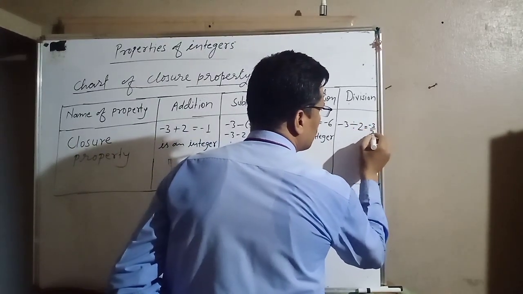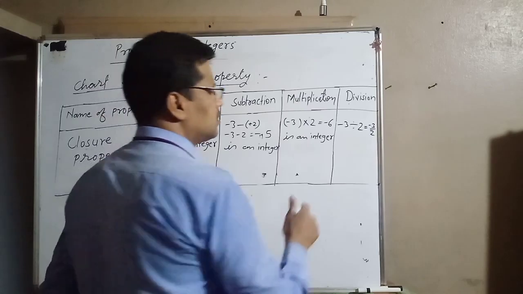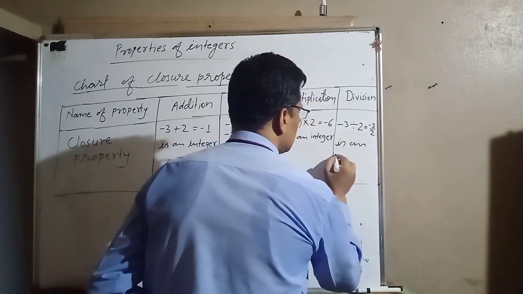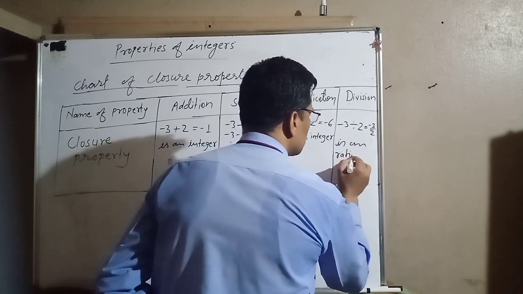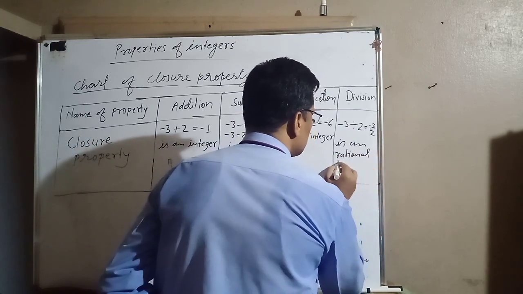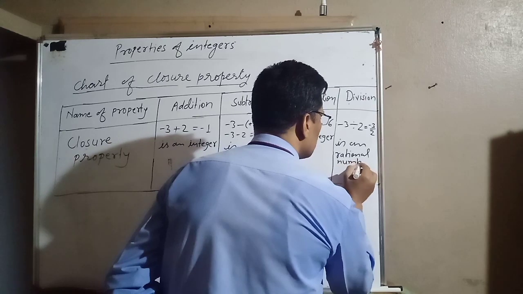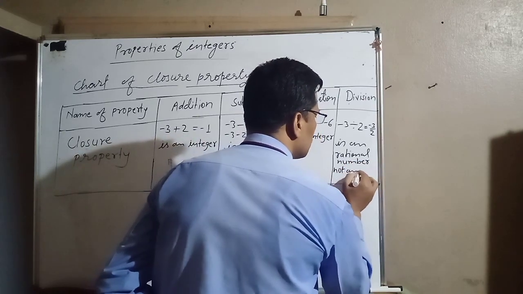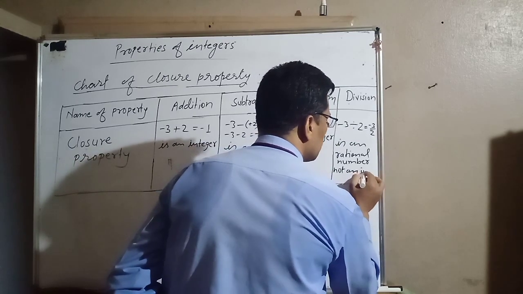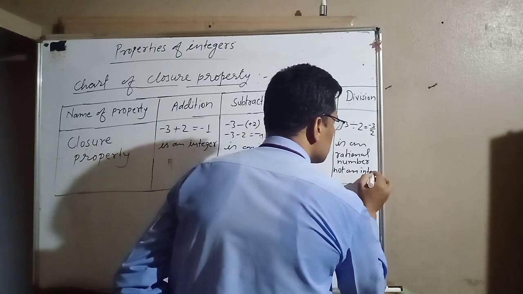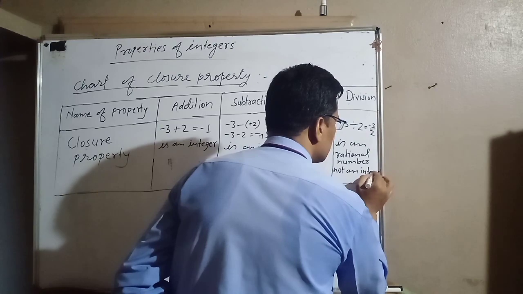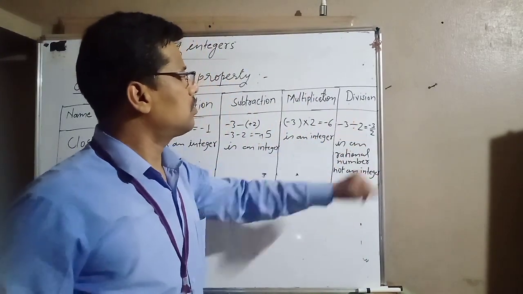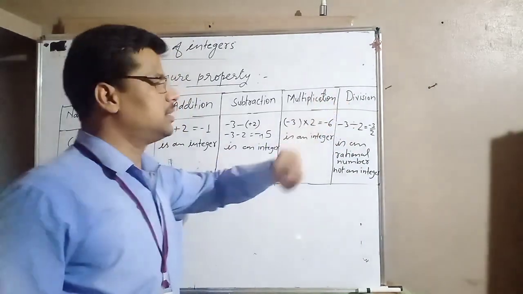Minus 3 upon 2, that is a rational number, not an integer. That's why we can say that integers are not closed under division.